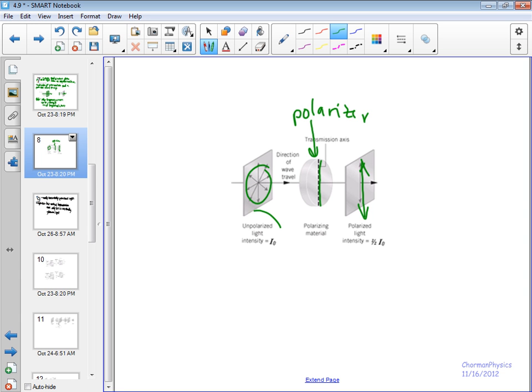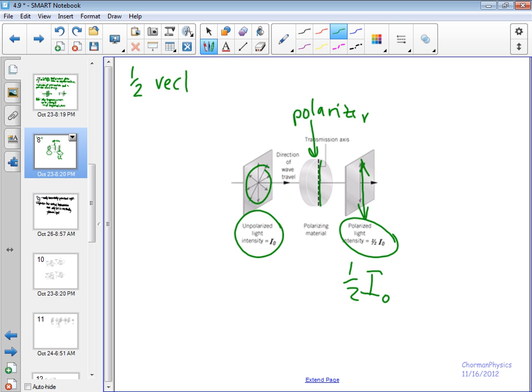So what we actually see here, okay, we have the unpolarized light intensity is I naught. You can go ahead and write that down, all right? What ends up happening is that after unpolarized light is incident on a polarizer, okay, the polarized light intensity ends up being half the intensity of the original light. And the reason is it's only letting through the vertical components. Exactly half the components are vertical and half the components are horizontal. Okay?